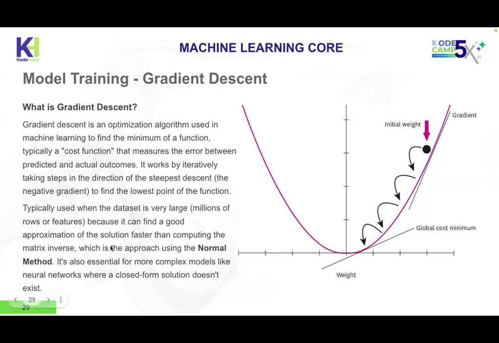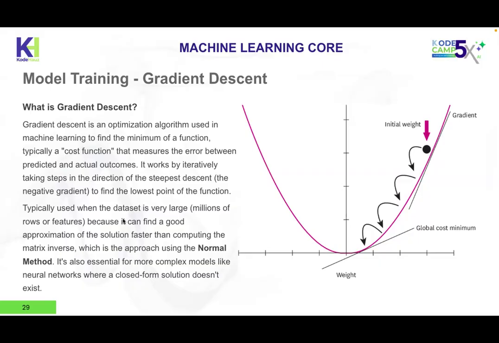But the problem with normal method, like I've already said, is when your data set is very large, when you have millions of rows and columns, which I'll explain later, each row is a data point, each column is a feature, right? And we'll talk about that when we get to regression with multiple variables. When you get to that kind of situation, normal method becomes very, very complex.